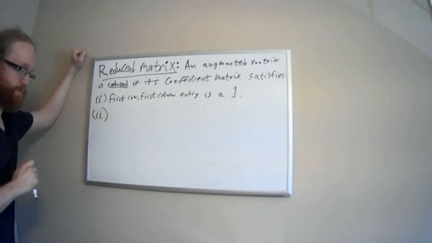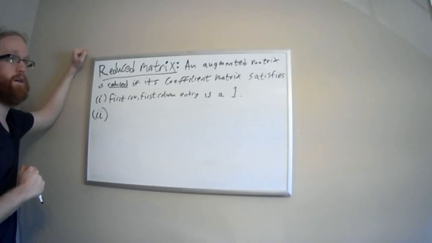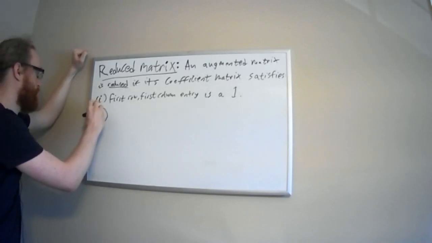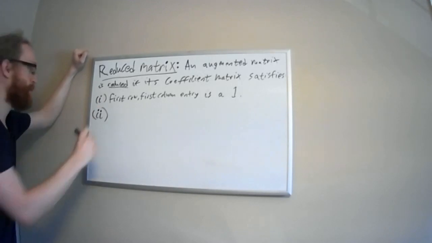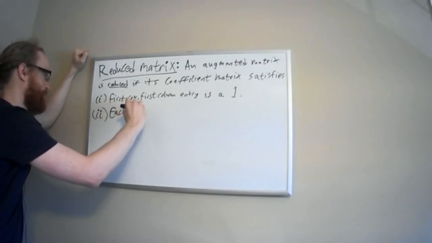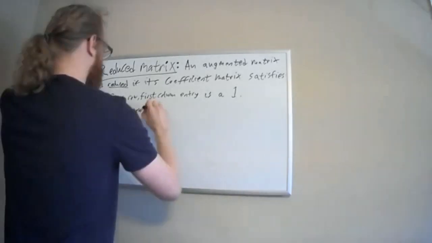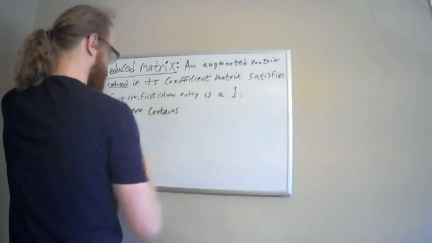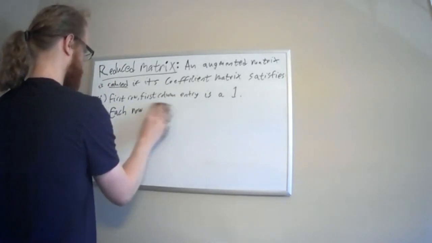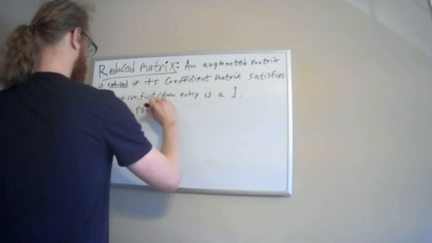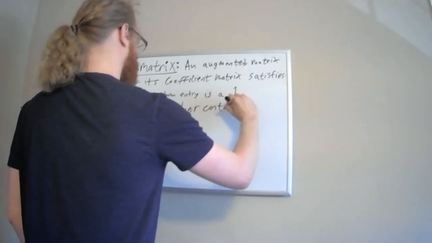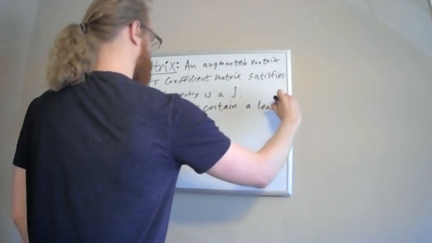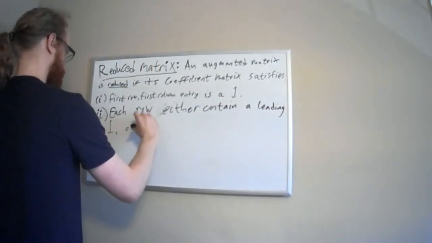Okay, number 2. Each row will either contain a leading 1 or be all 0.